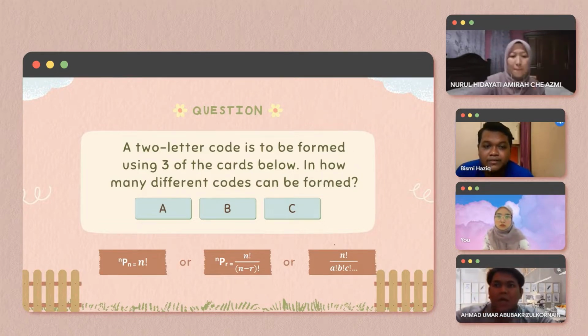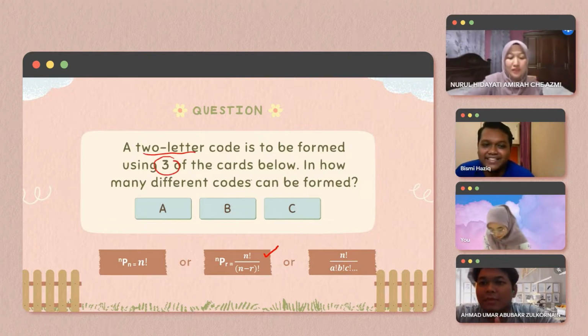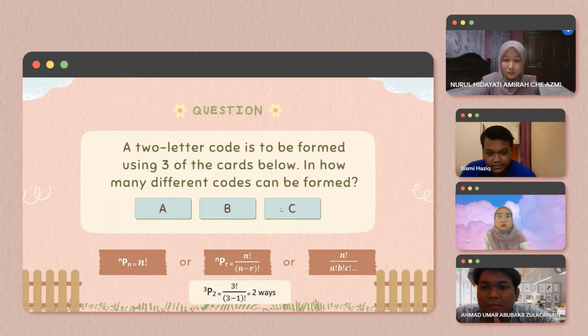We need to use NPR, because we have 3 cards but we need to form 2 letters only. So n is 3 and r is 2. We put it in the formula, and 3P2 is equal to 6.